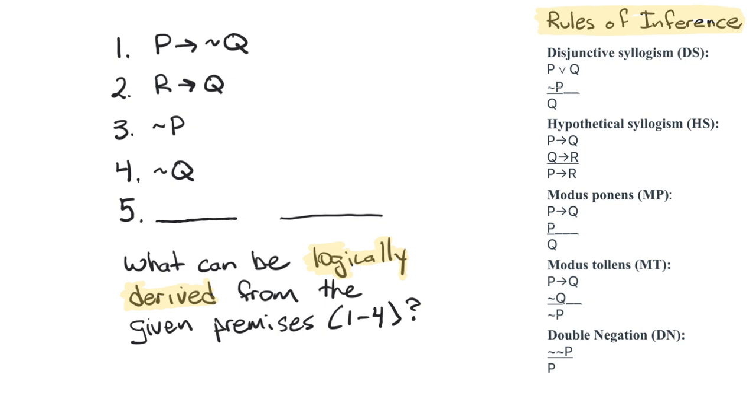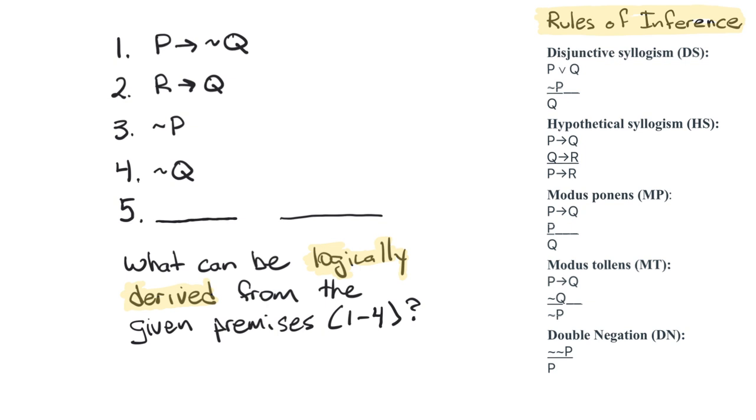So if that's the case, we want to look at the consequent of each conditional and see how it lines up with our other two premises here. Well, the modus tollens negates the consequent. So it looks like between rows 2 and 4, we're able to derive R using the rule of inference modus tollens, right?